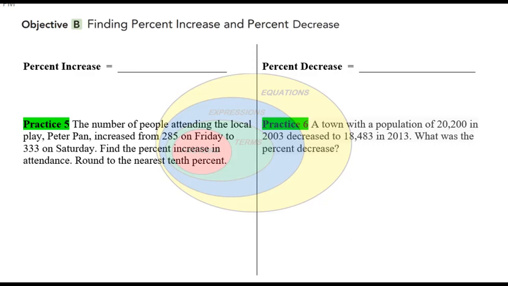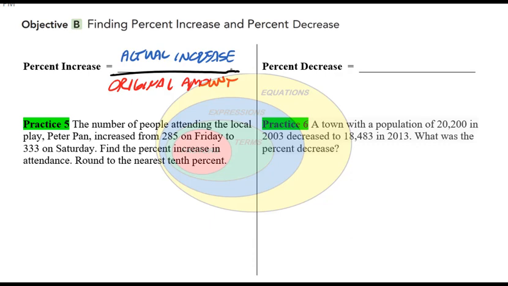All right, if we're trying to find percent increase and percent decrease, the percent increase represents the ratio of the actual increase amount divided by the original amount, or what it increased from.